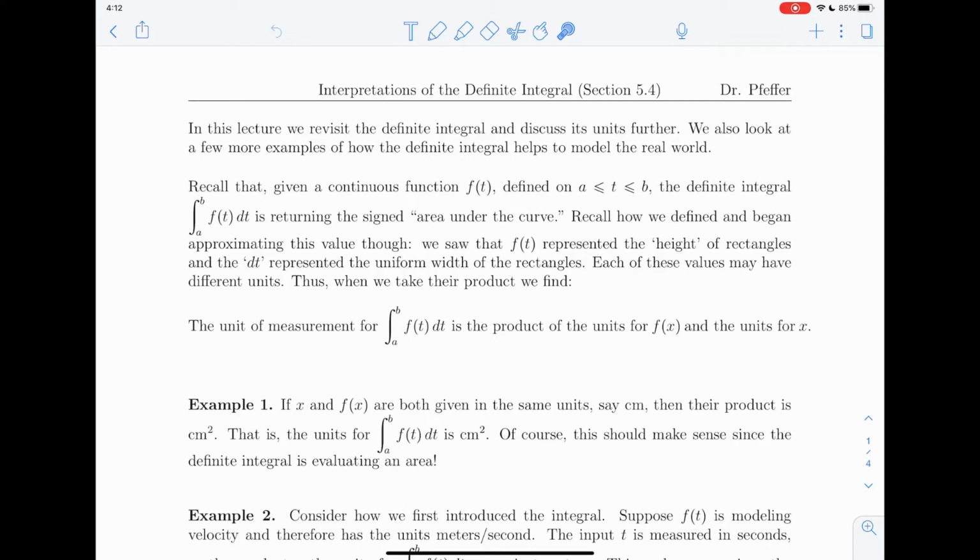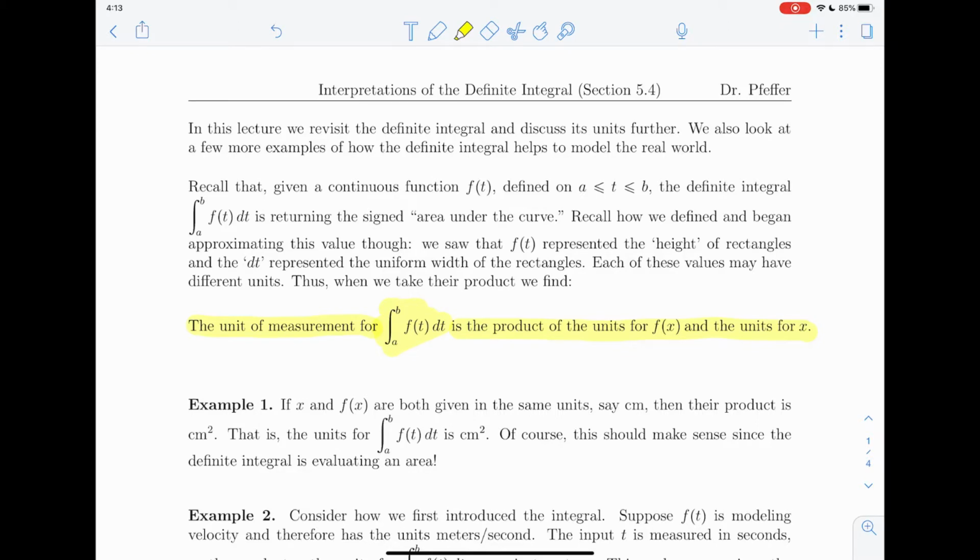So it turns out that if we want to compute this integral, which is going to be the area of these rectangles, that area of course is computed by multiplying the height by the width, and so the unit of measurement for this definite integral will turn out to be the product of the units for f and the units for the input x.